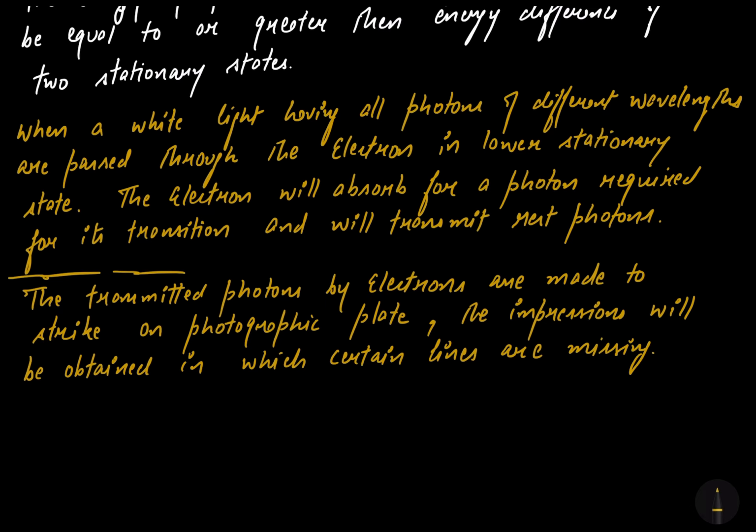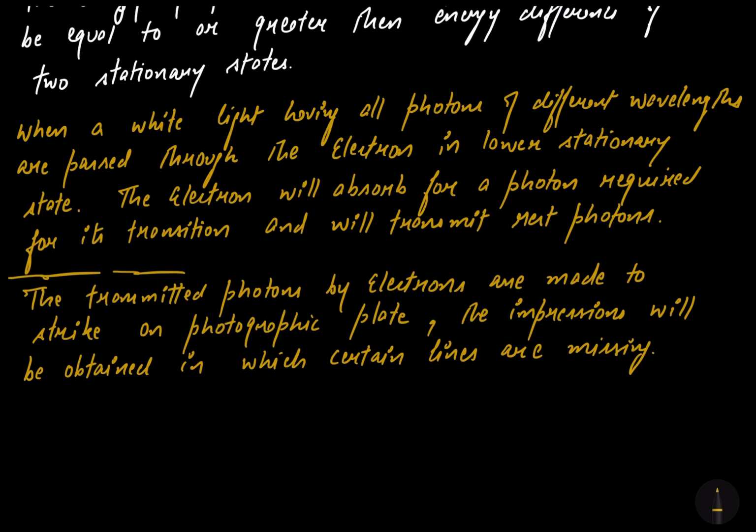Which lines are missing? The lines that have to be made by photons which have been absorbed by electron. So the photons that have been absorbed by electron are missing in the transmitted radiation, so the lines will be missing that were used to be made by those photons which have been absorbed.